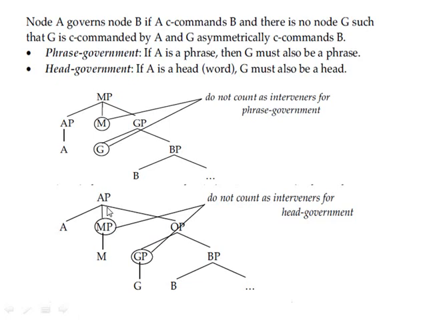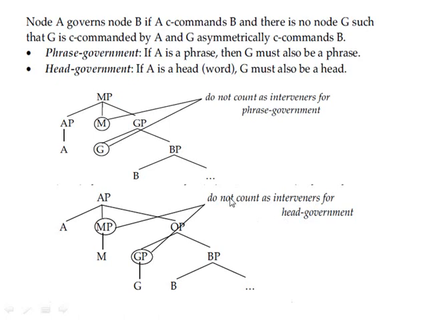Kemudian di sini kita lihat ada A. Di sini apakah dia governs B secara head? Karena di sini A itu adalah head, kemudian B juga head. Maka di sini ada MP dan GP do not count as interveners karena mereka bukan head.